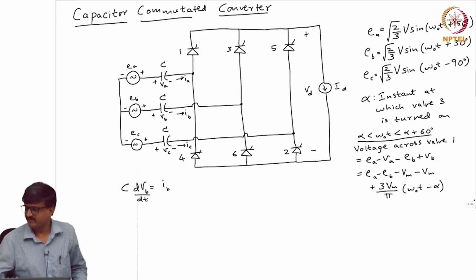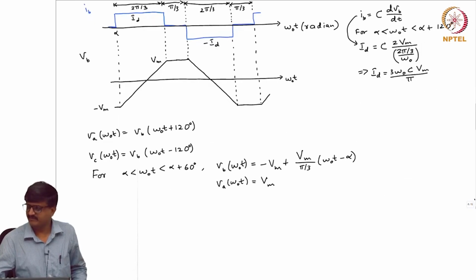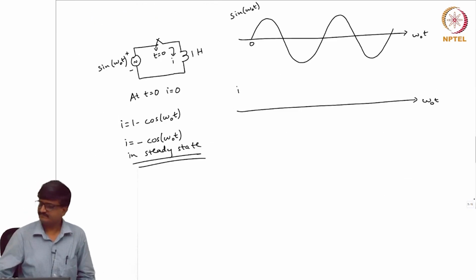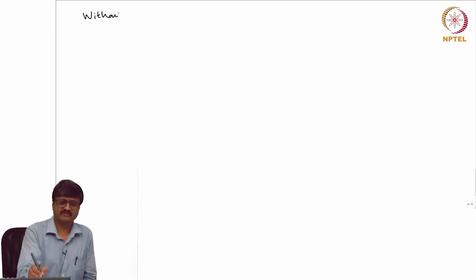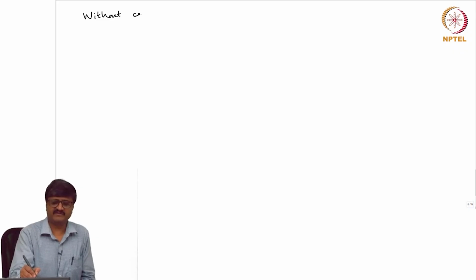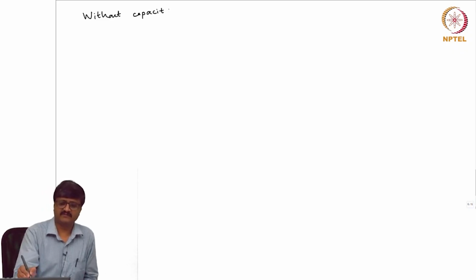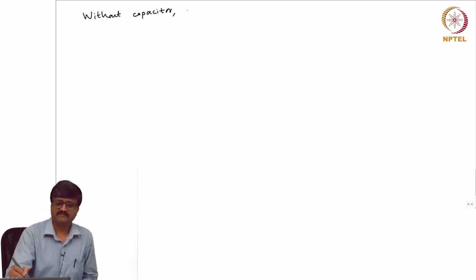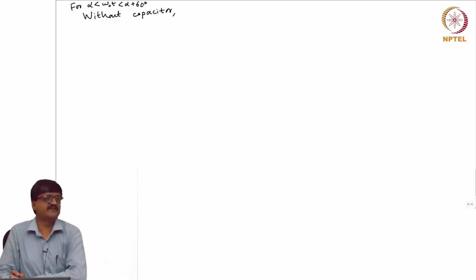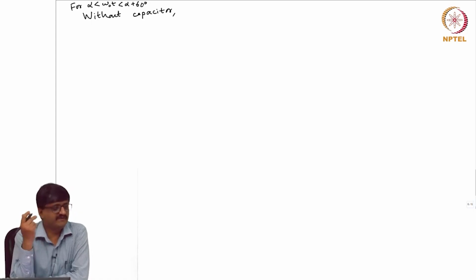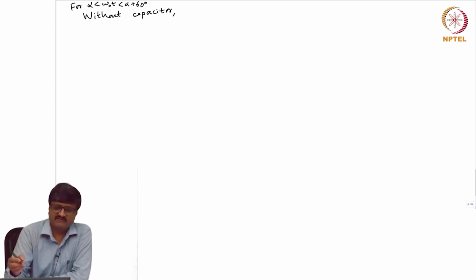Okay, let me summarize here. What I am trying to say is, without capacitor, and we are only talking about alpha to alpha plus 60 degrees, for one interval, we want to see what happens to the voltage across valve 1.